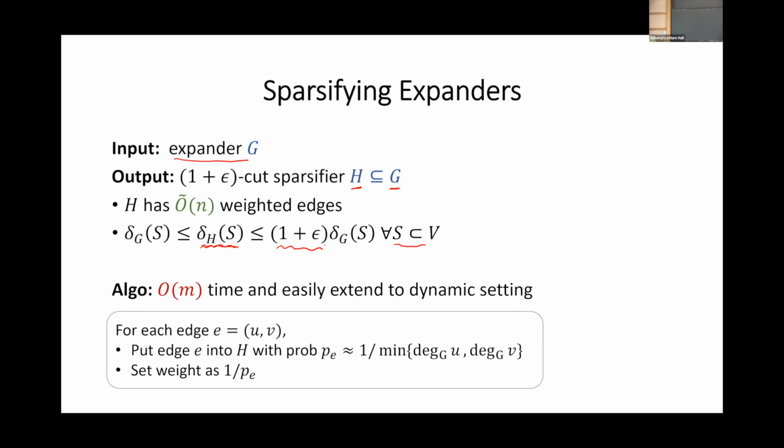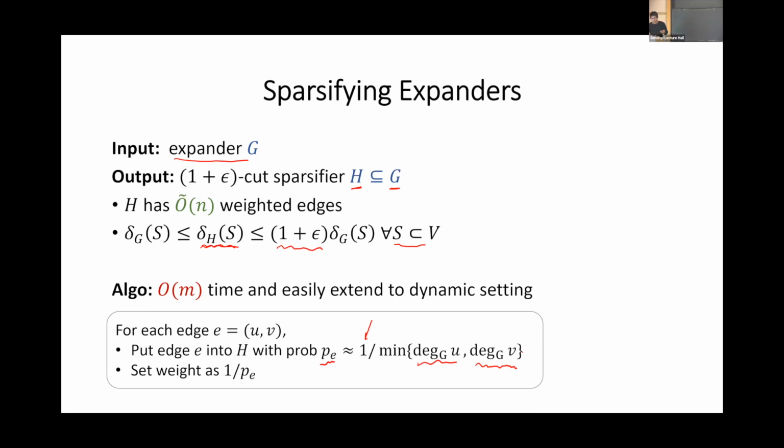I'm going to include it into H with probability p_e, and p_e is an extremely simple expression: some constant proportional to 1 over the minimum between the degree of U and the degree of V. So you just need to compute the degrees of the two endpoints, and you know p_e.